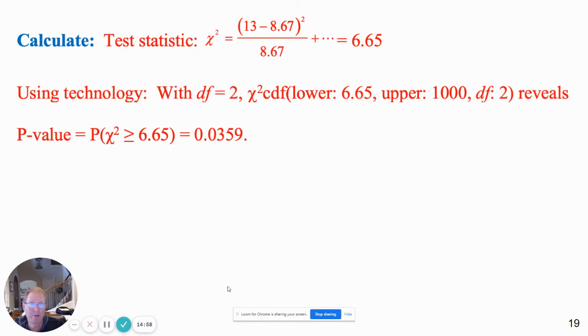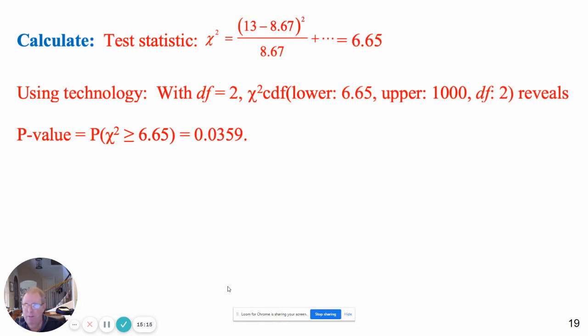And then I probably should do it for two different terms in my sequence, but in this case, I only did one. Then you write plus dot dot dot to represent the other terms in the sequence. Then you put the number that your calculator generated, 6.65.